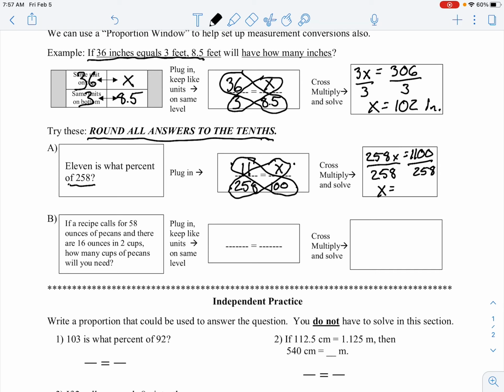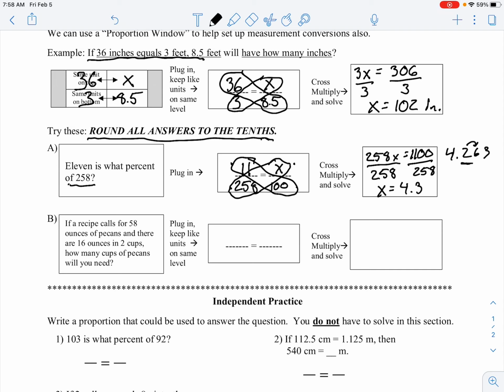When we plug that into our calculator, we get 4.263. We're rounding to the tenth, right? So we look to the right, and it is 5 or bigger, so that 2 is going to jump up to a 3, and we get rid of the rest. So our answer will be 4.3. That means that 11 is about 4.3% of 258. We're just rounding here, so it's a little estimation, but it works the same way.